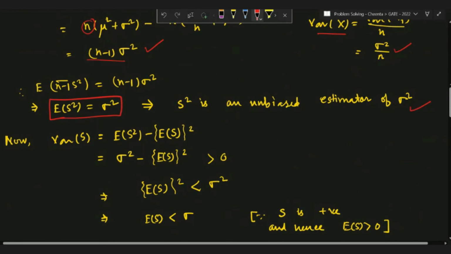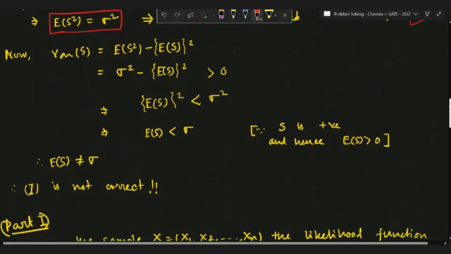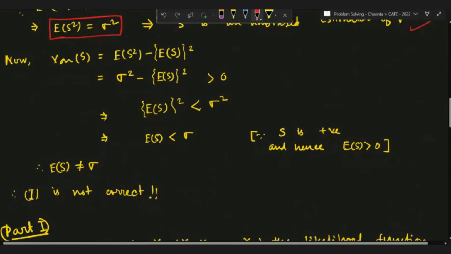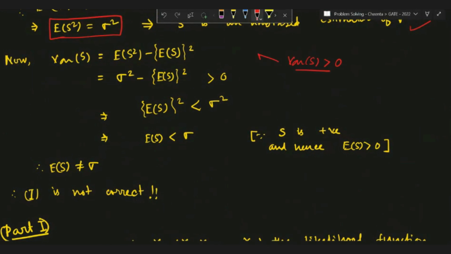Now to check whether S is an unbiased estimator of sigma, we use the information that variance of any quantity is greater than 0. We use that for S, the sample standard deviation. So expectation of S square minus (expectation of S) whole square is greater than 0. Expectation of S square is sigma square, we just obtained that, and (expectation of S) whole square is coming out to be less than sigma square.